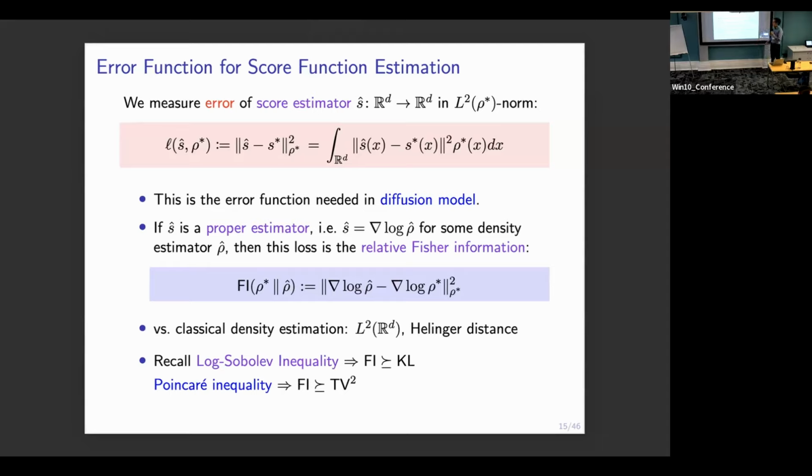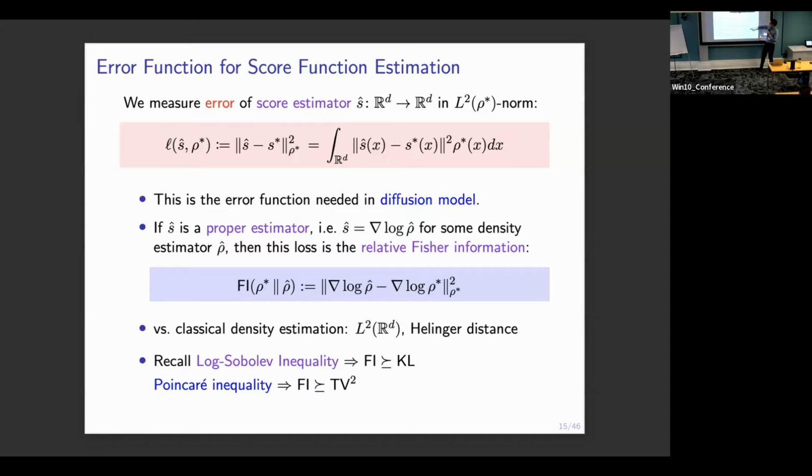And there, usually the results are stated in terms of error in L2 over the whole space, so not weighted by the unknown distribution, or in something like Hellinger distance. So in this view, we can view score estimation as density estimation, but the error function is different, it's like this Fisher information.